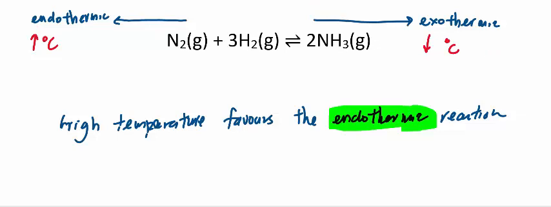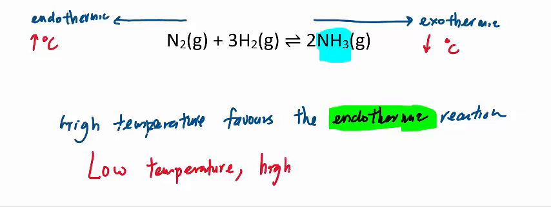If I want a lot of product, should I use high temperature or low temperature? Low temperature. Low temperature, high yield, for this reaction, because the forward is exothermic.